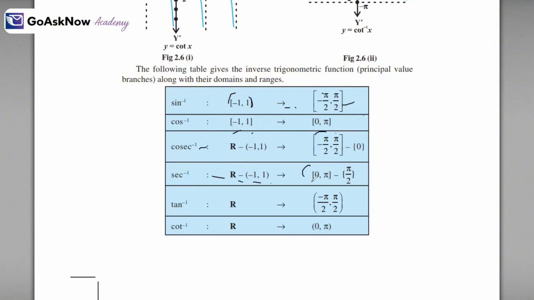For tan inverse, the domain is all real numbers and the range is minus pi by 2 to pi by 2 in the open interval. For cot inverse, the domain is real numbers and the range is 0 to pi in the open interval. So let's move further and see what the next topics are.